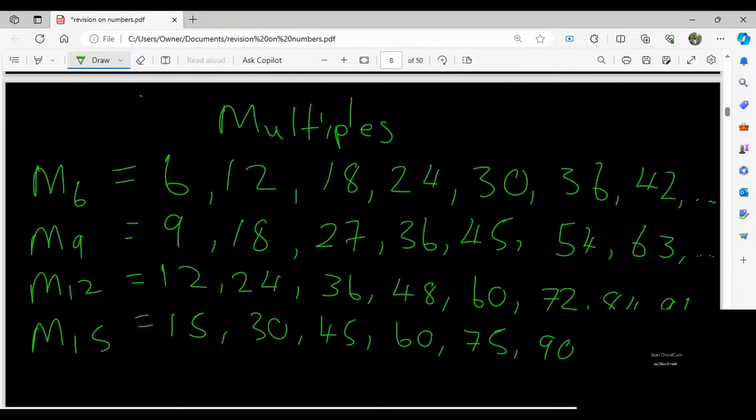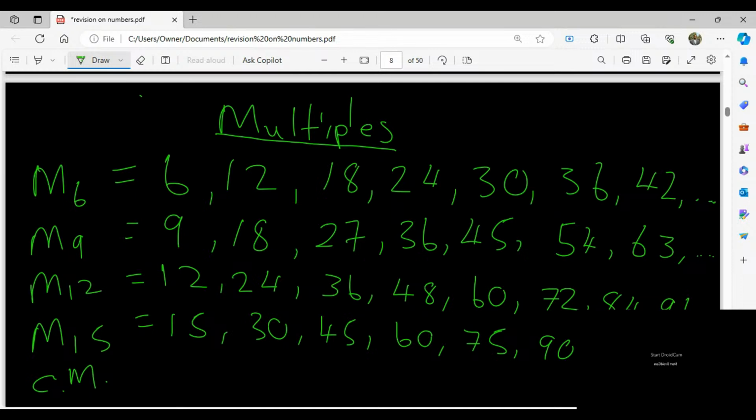So these are multiples. We can also already introduce the concept of common multiples, where a common multiple is a number which is a multiple of two numbers.